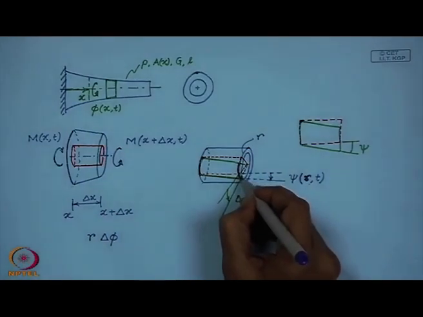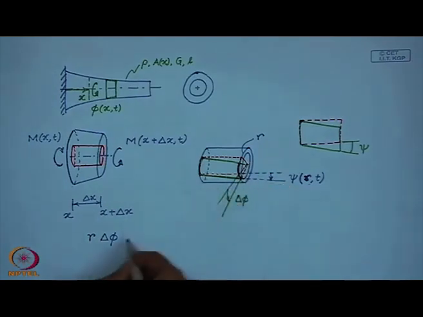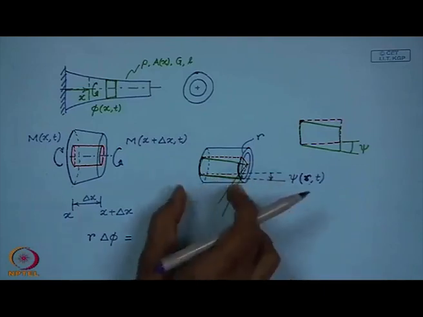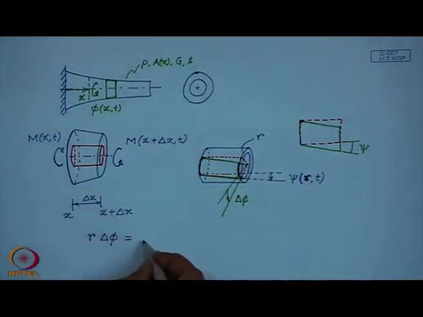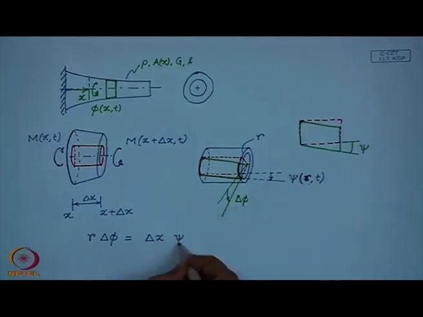So, we can write r times delta phi, which is this small length, r times delta phi must be equal to this length, which is delta x, times the shear strain.